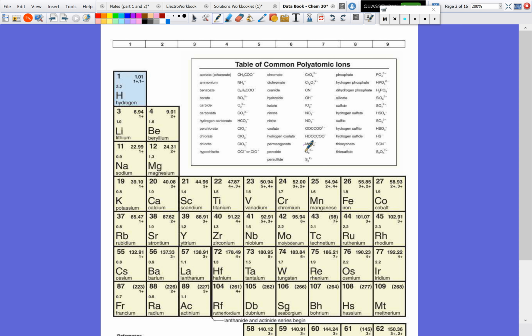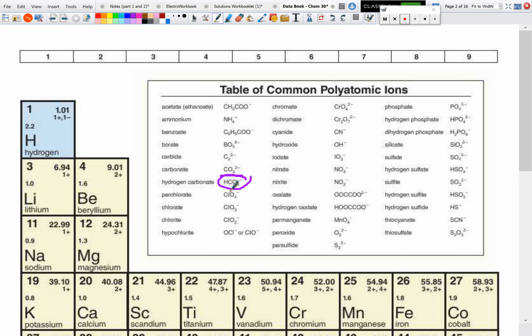So for example, the carbonate is right here, CO3 2-, but the hydrogen carbonate is just down below it, HCO3- is right here. So there is a way where you can actually see them. So this is a little clearer, right? Hydrogen carbonate HCO3-, so you can see the charge here. And it's all going to be in your periodic table, so just make sure to double check the charge on the ions in your periodic table as well.